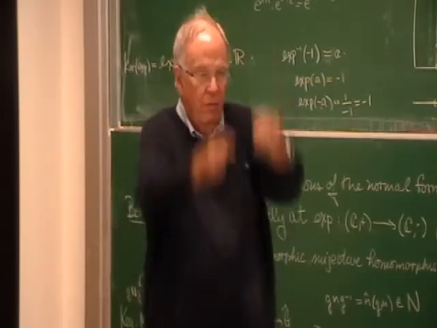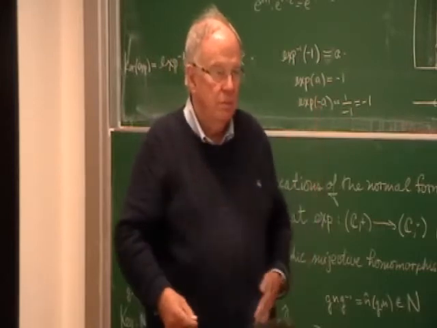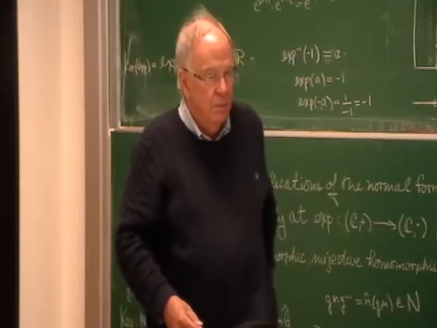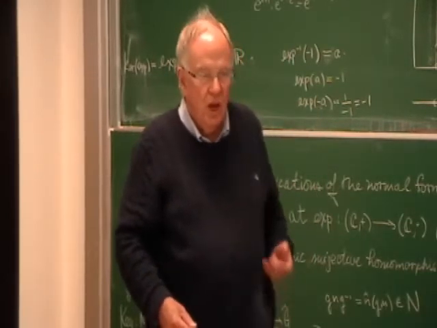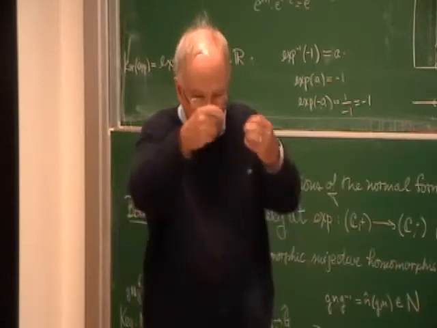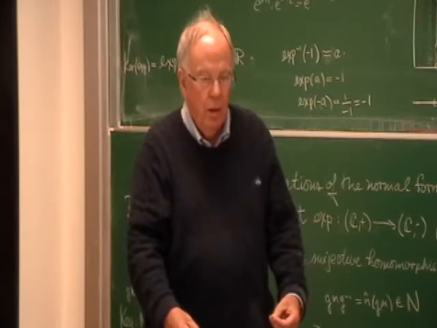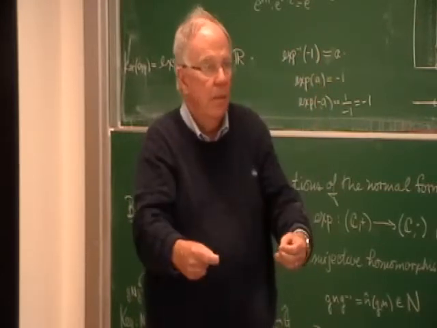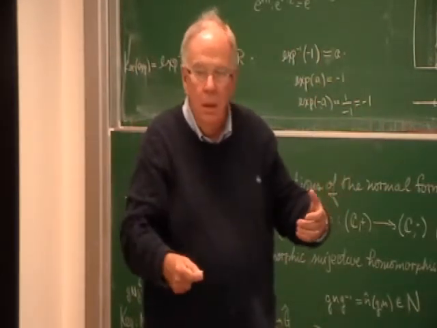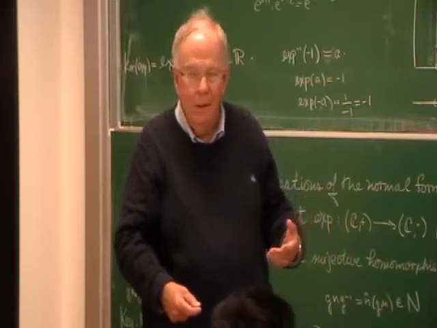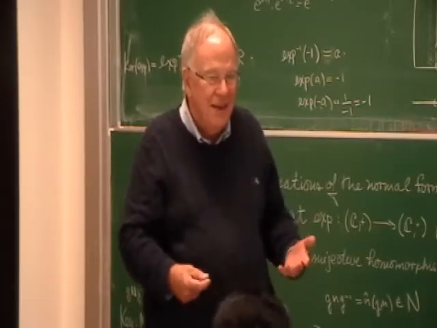You have fibers of a map, all these fibers. What you would like is that this defines an equivalence relation. Upstairs is a topological space, and who knows what this map is.